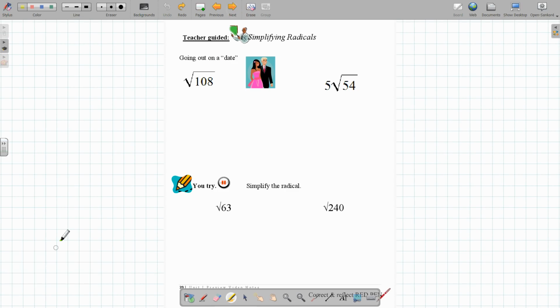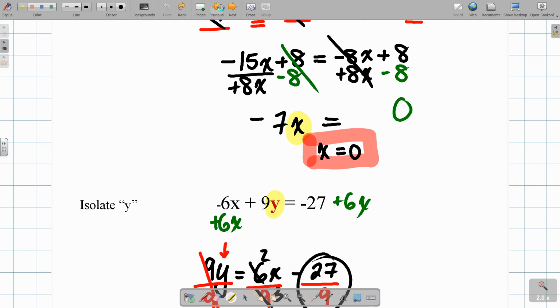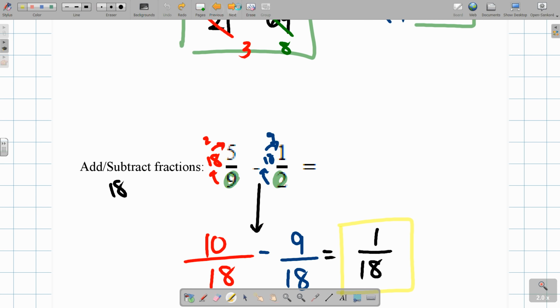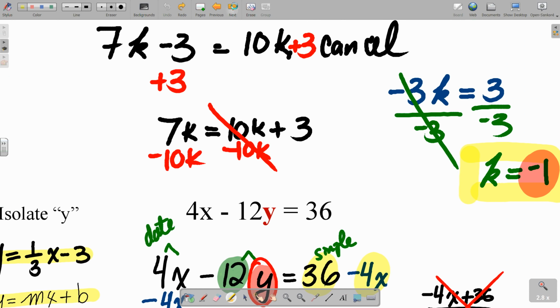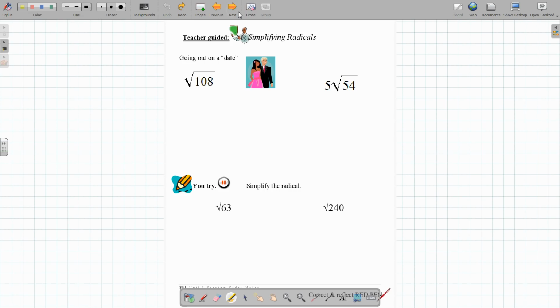So what have we done so far? We have worked with fractions. We have worked with variables, and now we're going to work with radicals, also known as square roots. Students, once again, I am treating square roots as if you've seen them before.